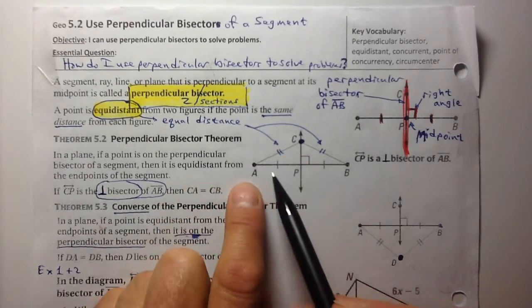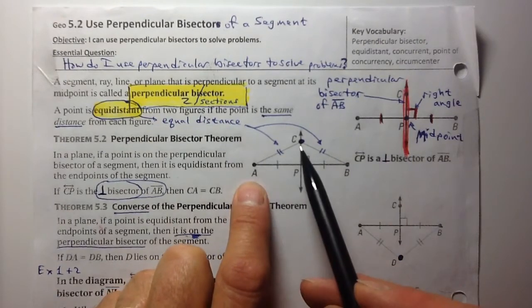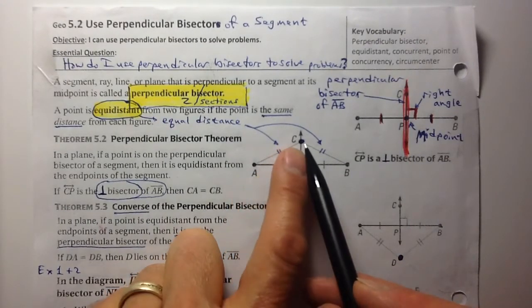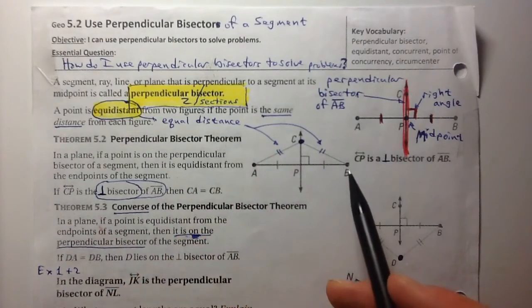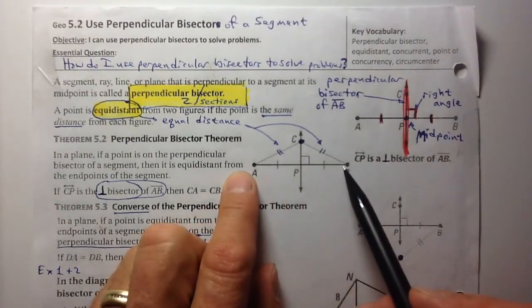Or you could say that segment AC is congruent to segment CB. And that kind of makes sense, doesn't it? Because think of this as a tent.